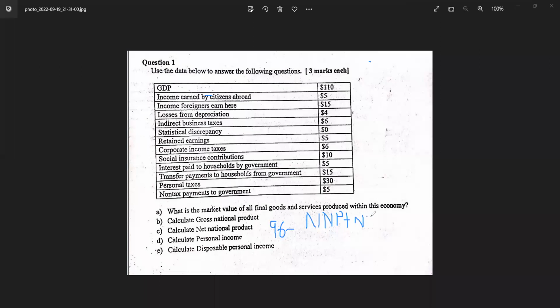So we are going to get 96 for the NNP plus 6 minus 5. But it's minus indirect tax rather. Net indirect tax.